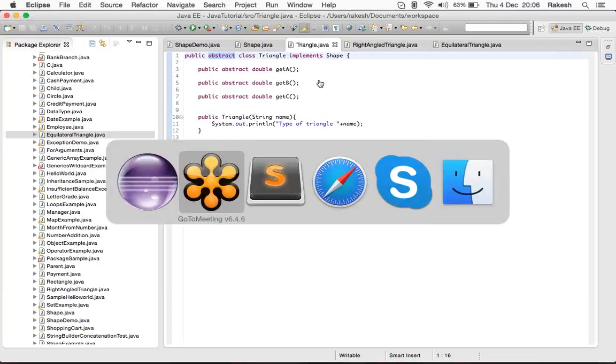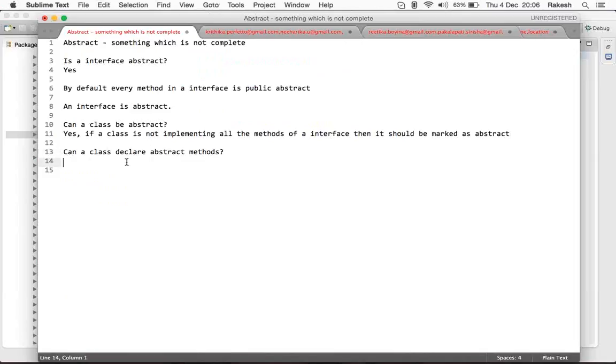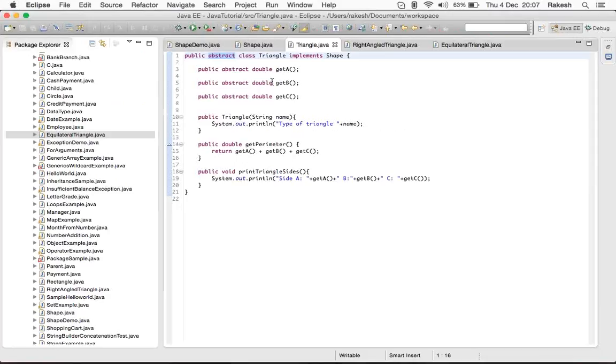So a class can declare additional abstract methods. If you can see here, I don't have any compilation errors. I've declared methods called get A, get B, and get C, and I'm saying that these methods are abstract.